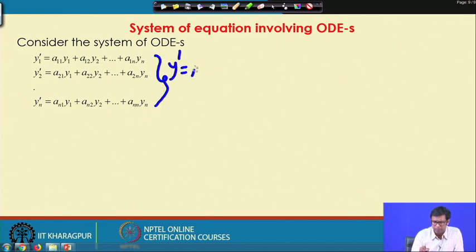as y prime is equal to A y, where y is now a vector, y equal to y 1, y 2 up to y n.